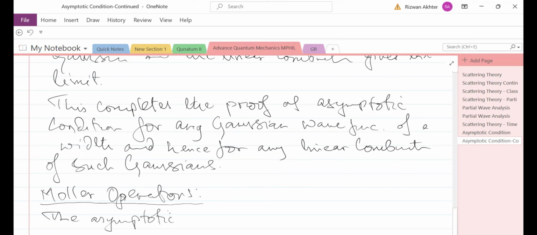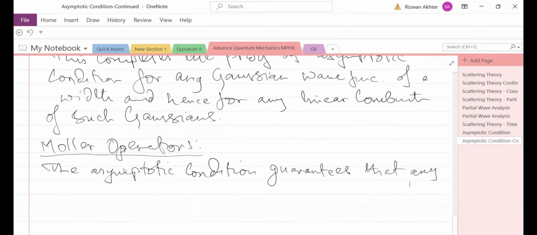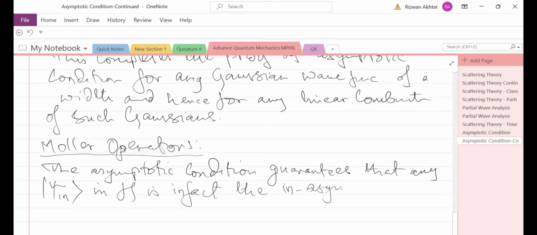The asymptotic condition guarantees that any psi in, or for that matter psi out, for any psi in Hilbert space is in fact the in asymptote of some actual orbit.